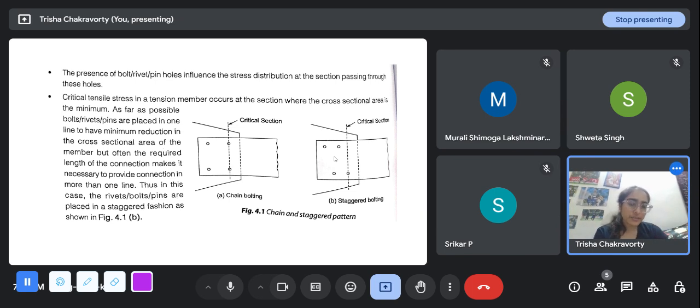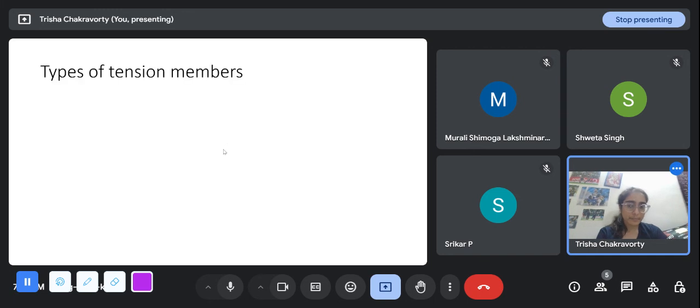If you have three bolts, putting them like this, there will be the greatest reduction in the net area. But if you put one here, and one here, we will see that there is a lesser reduction. So as a result, where staggered bolts are there, the capacity of the section will be greater.